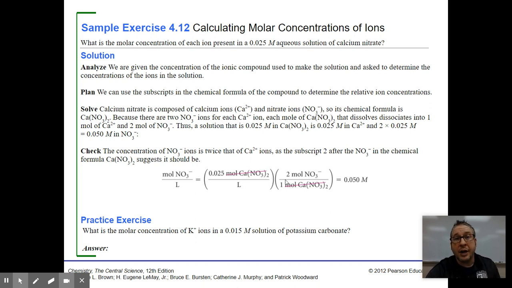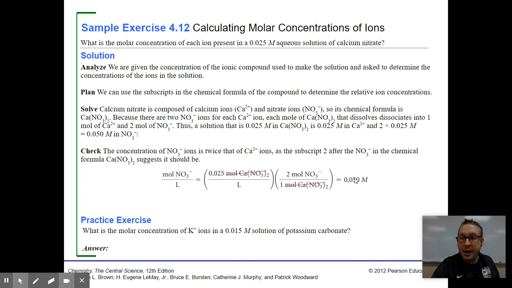So we're going to use the mole ratio like we've seen before, where we have 2 moles. Again, that 2 moles comes from the subscript of nitrate for every 1 mole of calcium nitrate. Then we use our math skills. We multiply 0.025 times 2, and we get a final concentration of 0.050 molar.